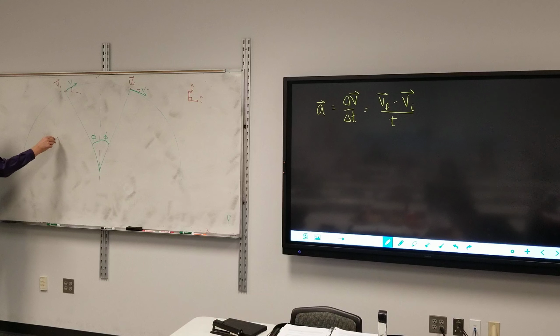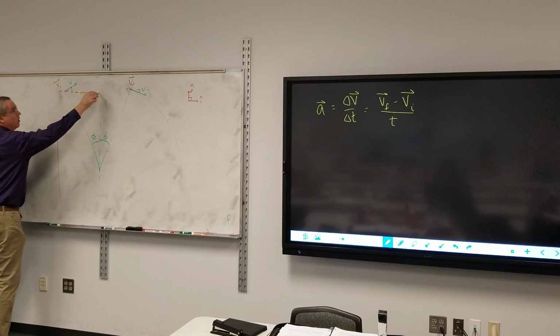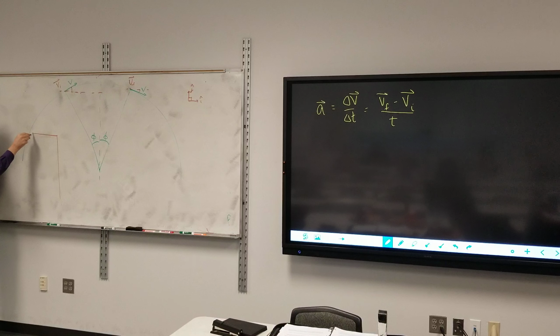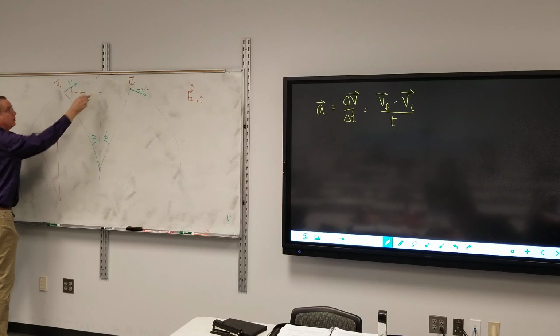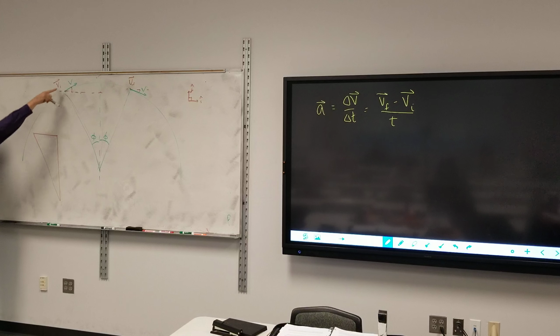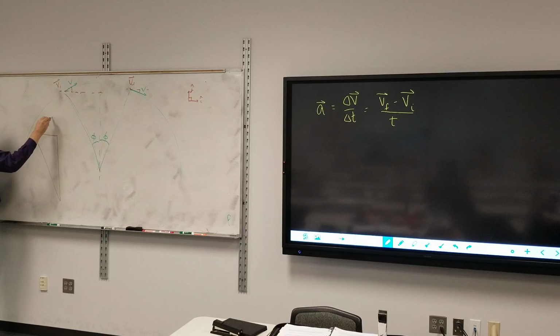All right, so let's get more information. I'm going to redraw that triangle. If I just extend that all the way across, that's this triangle right here. Meanwhile, I've got this velocity here that's perpendicular to the path. So I've got another triangle. That's the angle right there I'm trying to find.